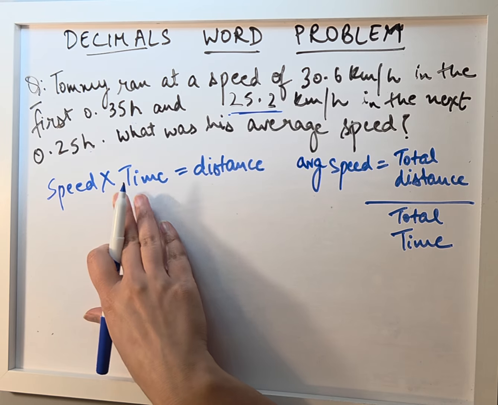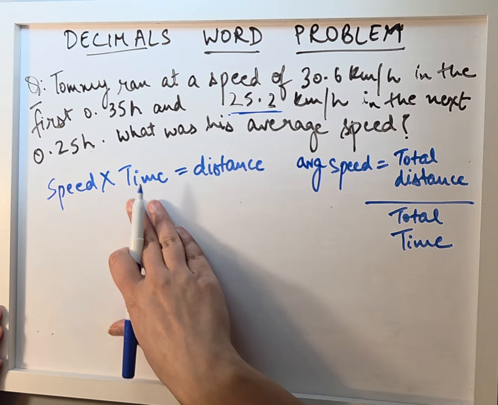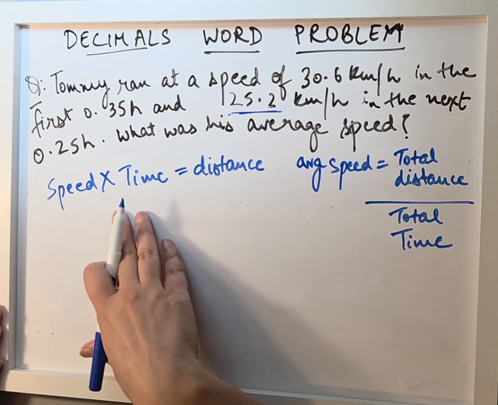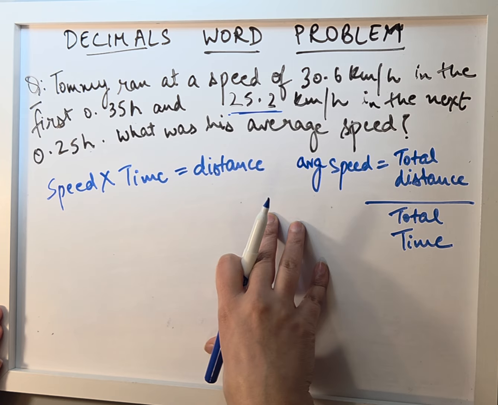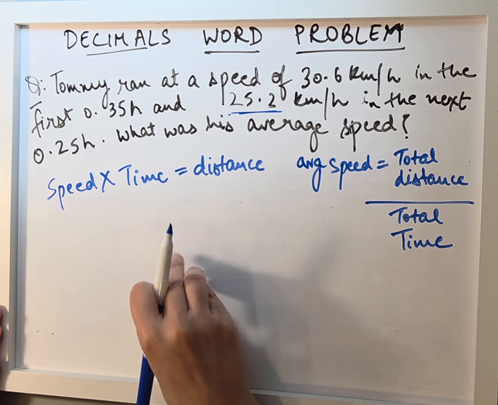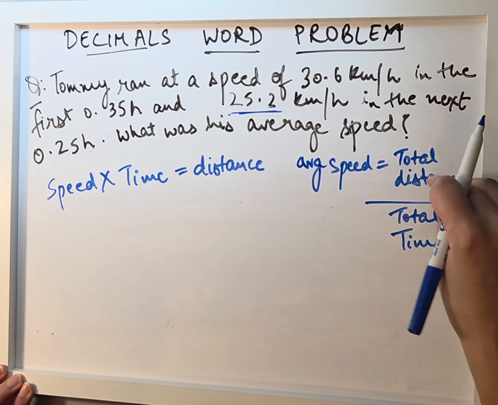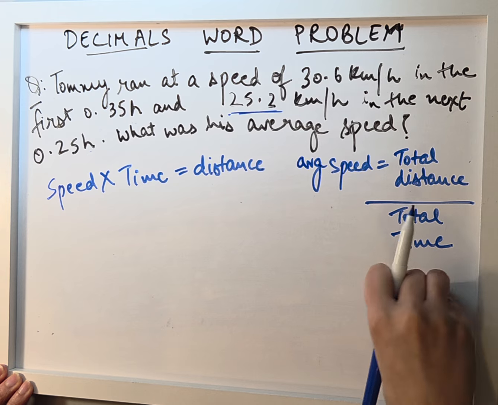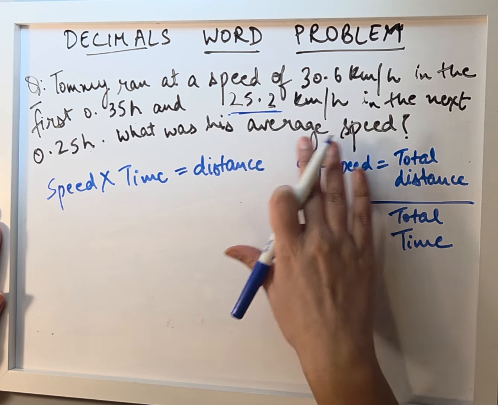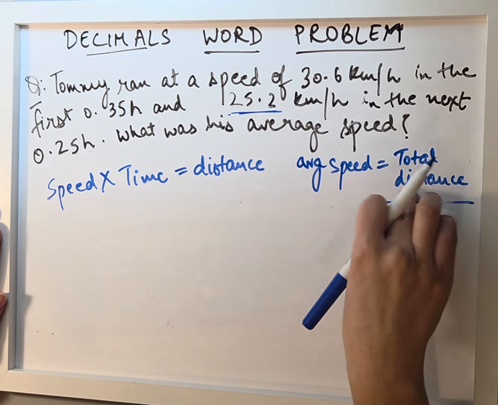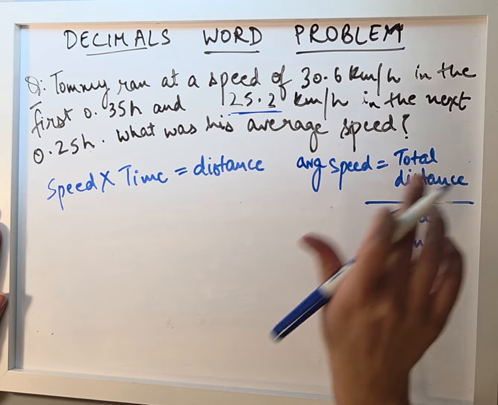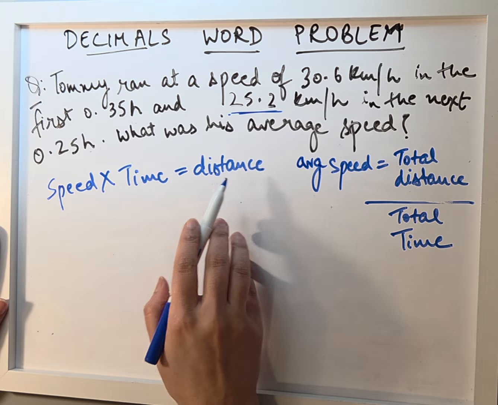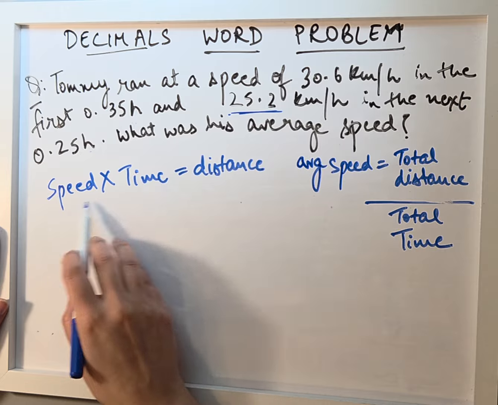If time is getting multiplied here, when it goes to the other side, it gets divided. So average speed is the total distance covered in the total time. Now we've been asked about the average speed, so how do we calculate the total distance? Distance is speed into time.